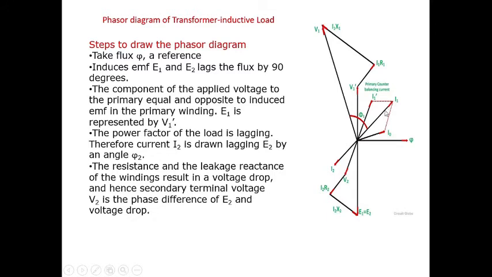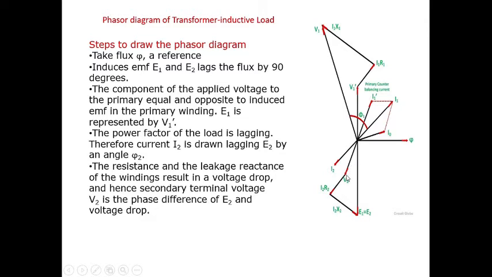Along with I1, in phase with that, we will be drawing I1 R1, a small voltage drop in phase with I1 only. Then I1 X1 is the vertical component, drawn at 90 degrees. Then this point and this point connected together, we will be getting V1.